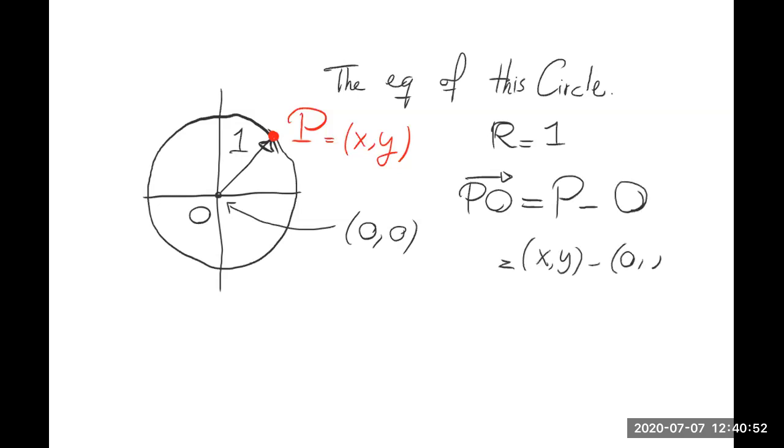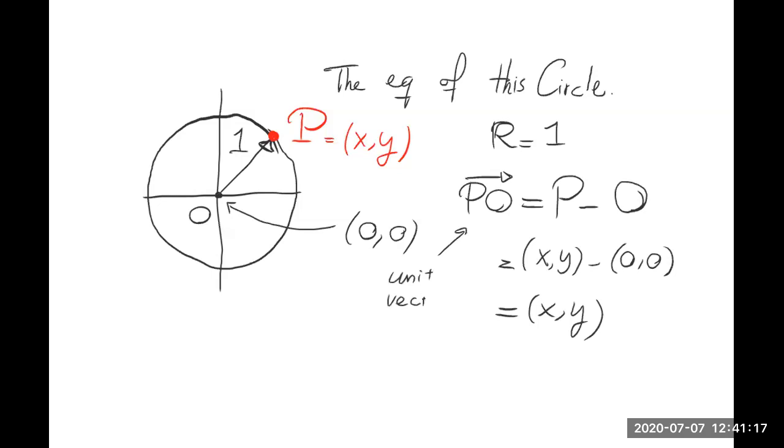O, origin, is 0 and 0. So the coordinates of this vector are also x and y, right? Also, it is a unit vector. Do you agree? This vector which connects the origin to P is a unit vector because the circle has radius 1. So this is a unit vector.